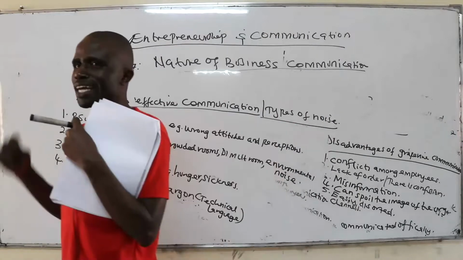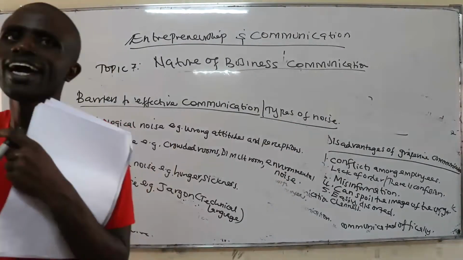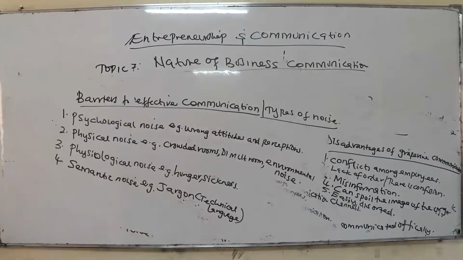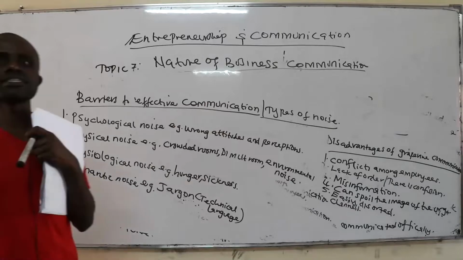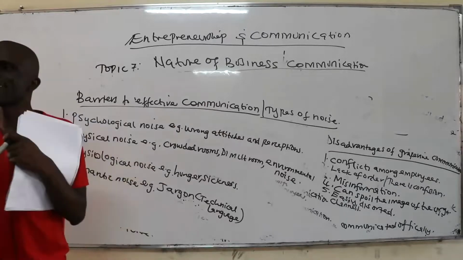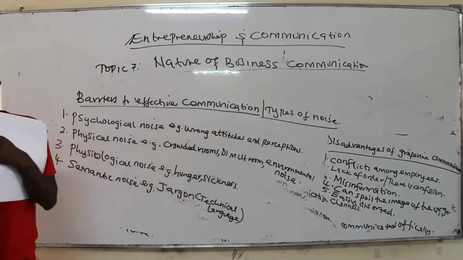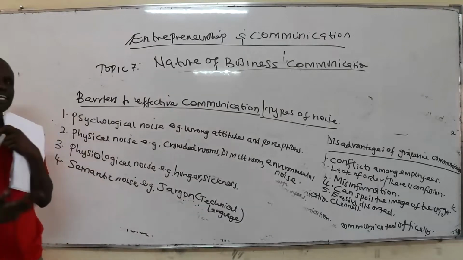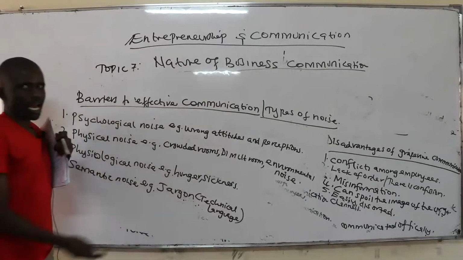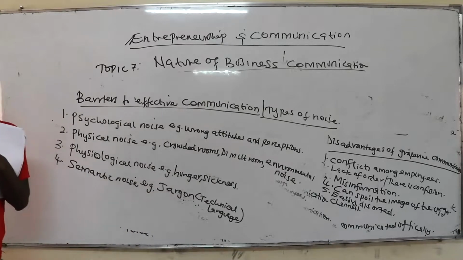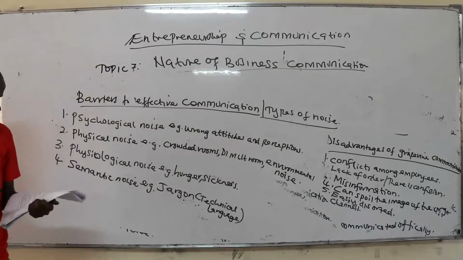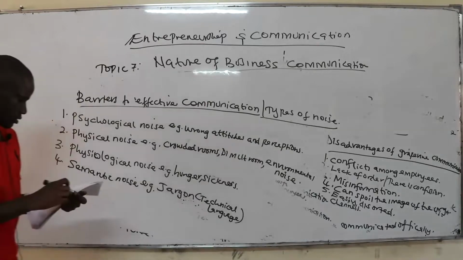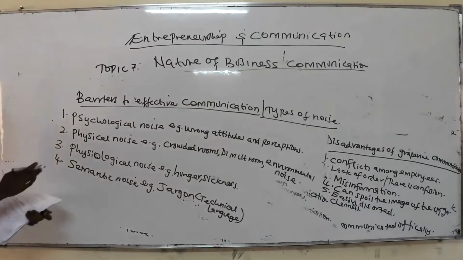If I talk to people who have not studied business law and I'm telling them nemo dat non habet, we did it in the law of sale of goods, an owner cannot transfer a good title. But if you've not studied that, and I'm telling you nemo dat non habet, then I'm using legal jargon. It's noise. Is that clear? So use of technical language.